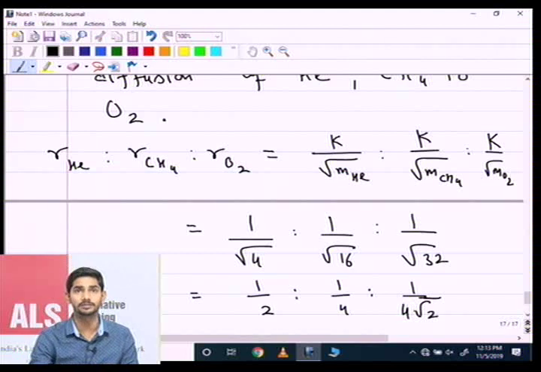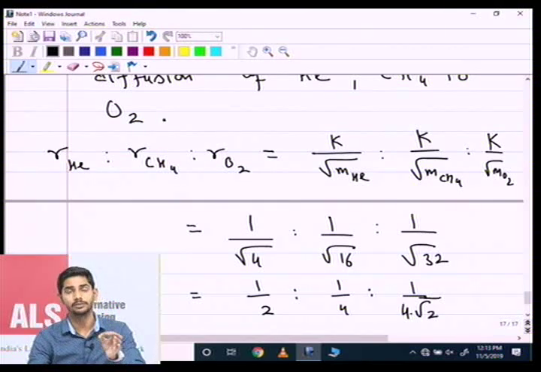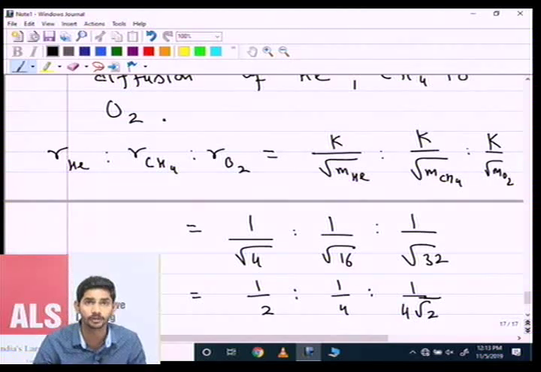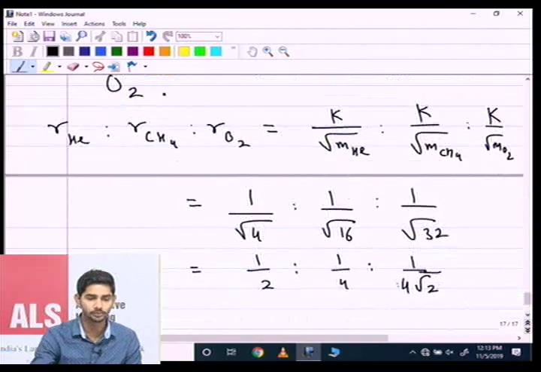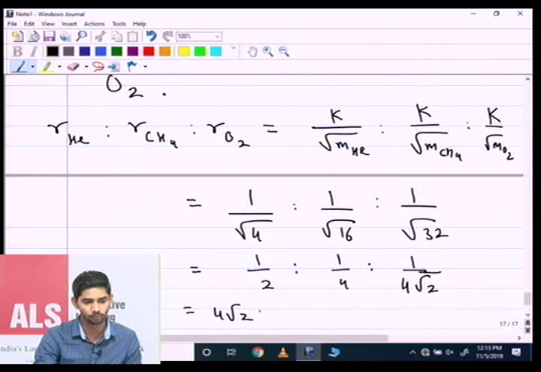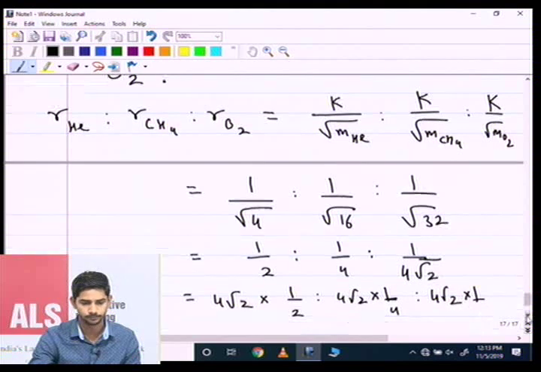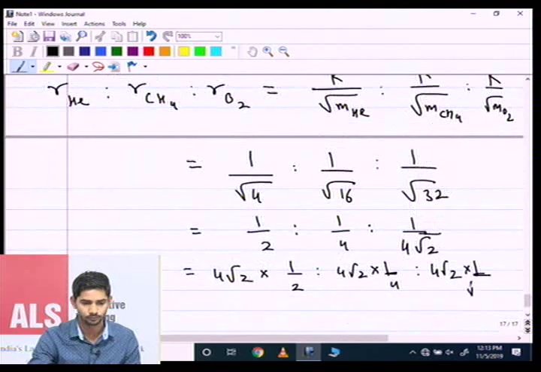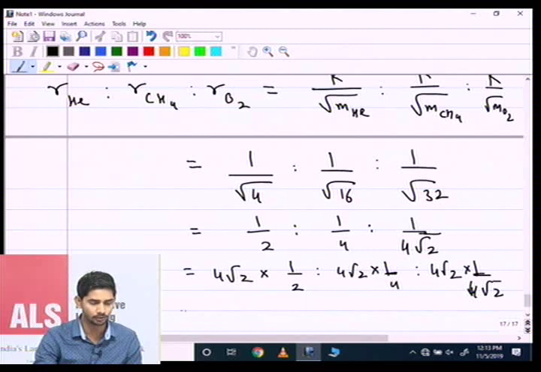So pick the biggest number and multiply with every fraction over there. Biggest number means the number which is available to us in the ratios, which is 4 root 2. So multiply with the 4 root 2 into 1 by 2 is to 4 root 2 into 1 by 4 is to 4 root 2 into 1 upon 4 root 2. Okay, so on solving this, I'll get 2 root 2 is to root 2 is to 1.